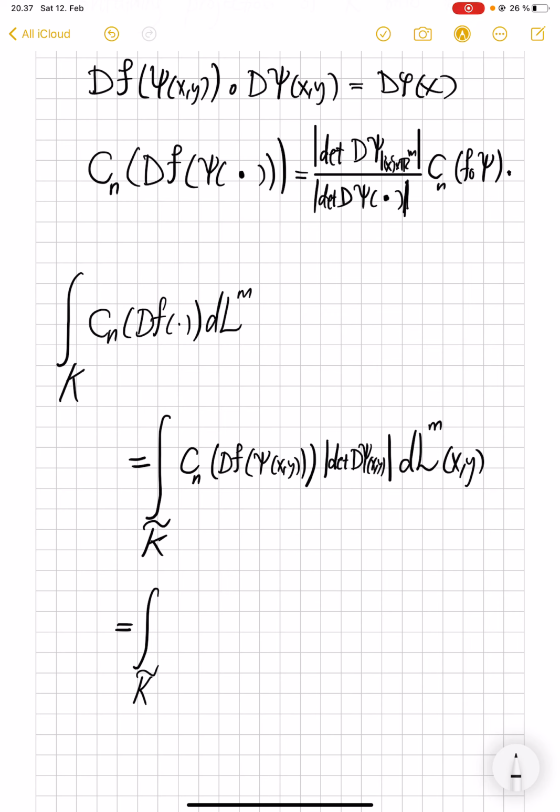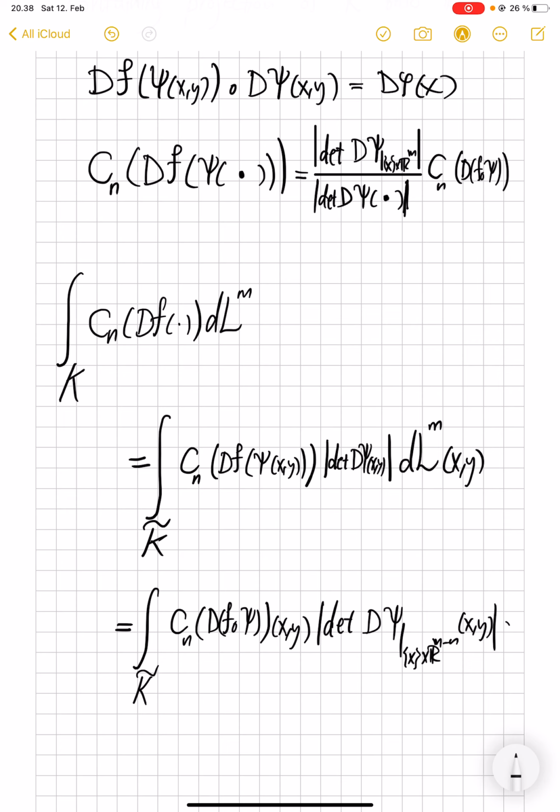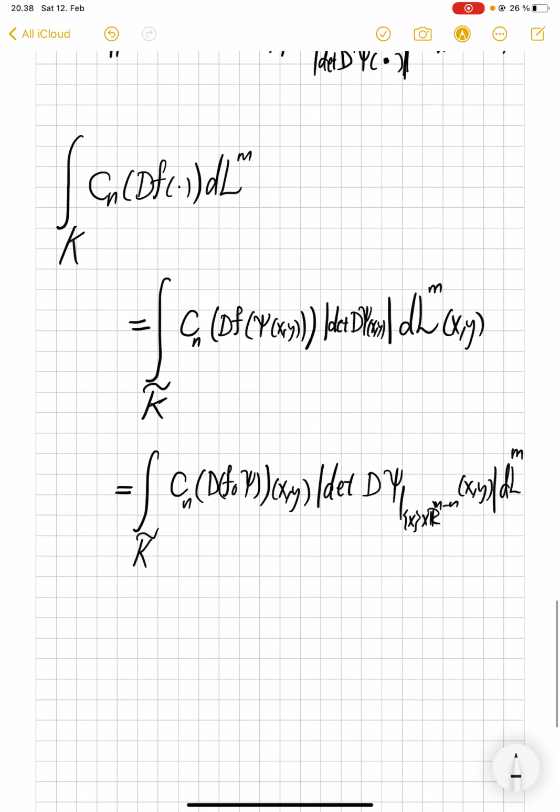So this will be the Coarea factor of d of f o psi, by which I mean the derivative of that function, computed at xy, and then the absolute value of the determinant of d psi restricted to the fiber above x, computed at xy, d lambda m of xy.